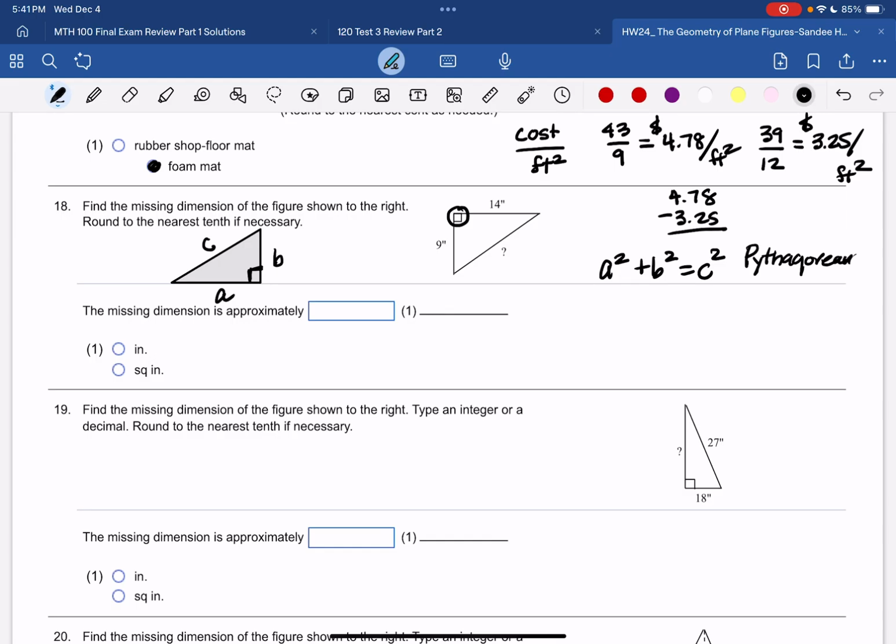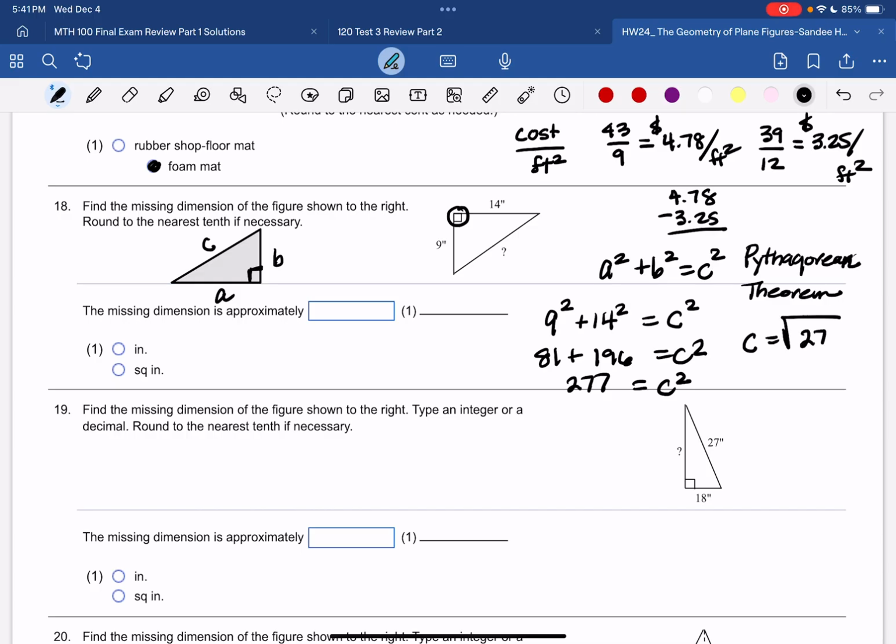So for us, we know 9 squared plus 14 squared comes out to this c squared side. So that's 81 plus 14 squared, 196, equals c squared. So c squared, 81 plus 196, is 277. And to find c, I have to take the square root of 277.